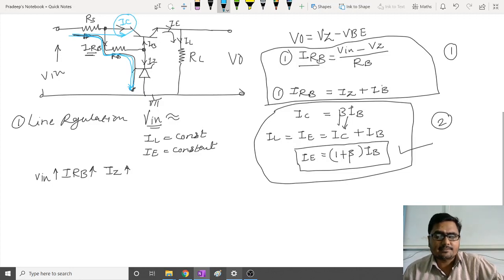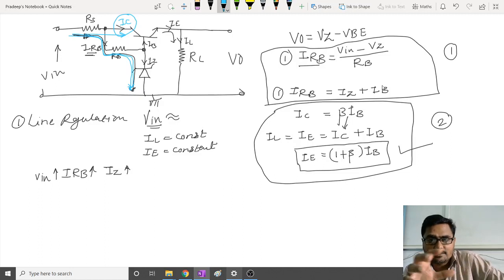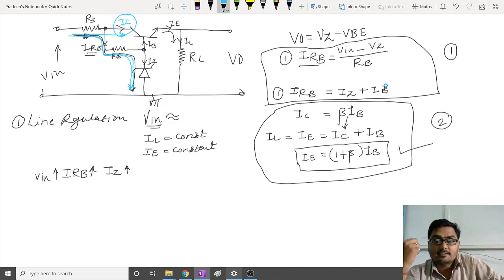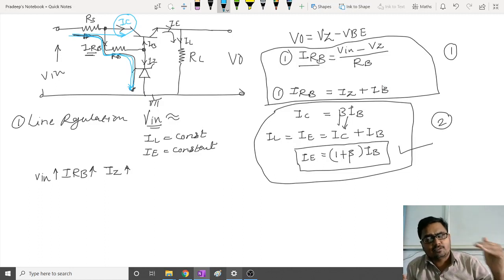Let me tell you, it will never go to the collector, because the transistor is a current controlled element. So the collector current will never change until you change IB. Collector current is fully dependent on IB. If you change IB, then only the collector current will change. Otherwise, it will remain constant.